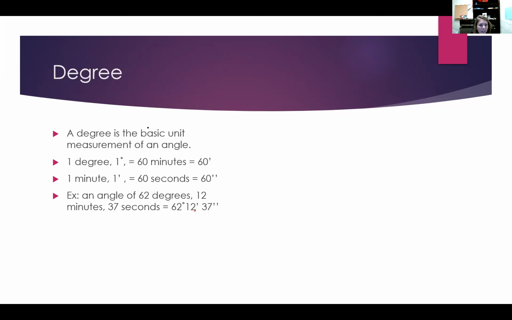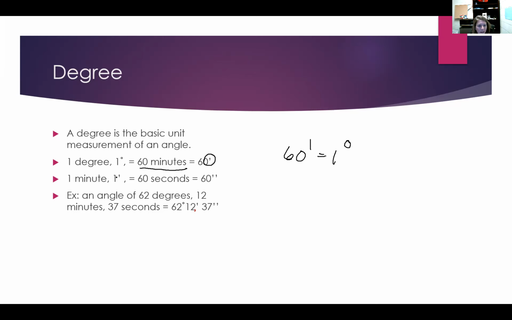All right, a degree is the basic unit of measurement of an angle, okay? So 1 degree would be written as 1 with a little degree symbol. If you're thinking about a clock, this represents 60 minutes, and they write minutes with a little apostrophe right here. So 60 minutes is 1 degree.